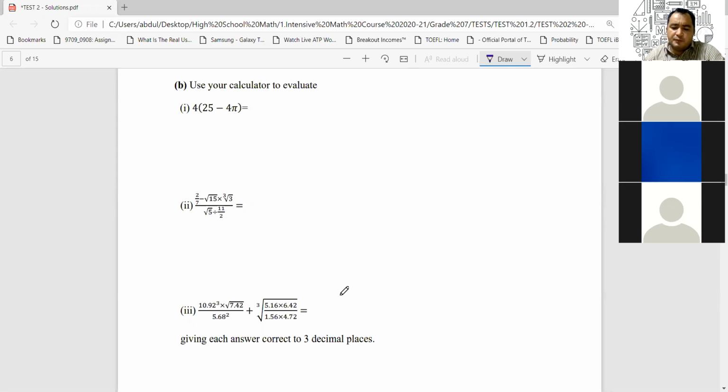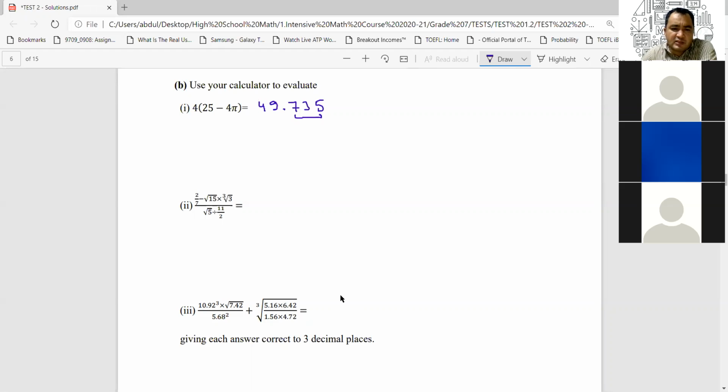My answer here is 49.73451, and so on. But the question says correct to 3 decimal places. After the decimal point, we should just keep 3 digits, and we have to round off. The next digit is greater than 4, so as you know, we delete the rest and add 1 to the last digit, so it will be 735.